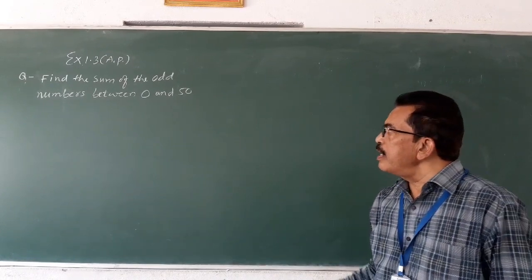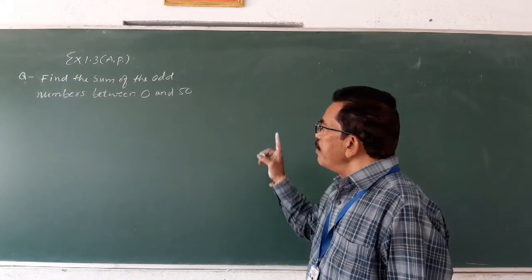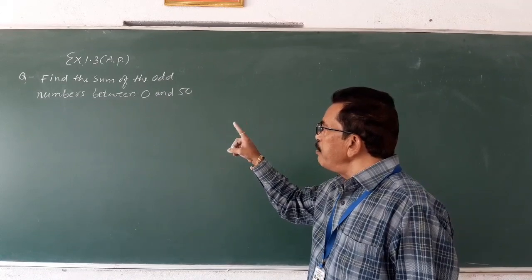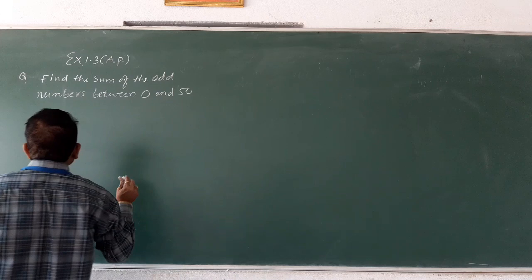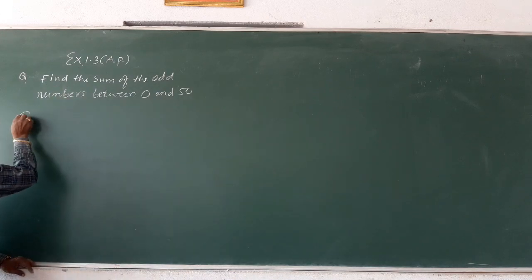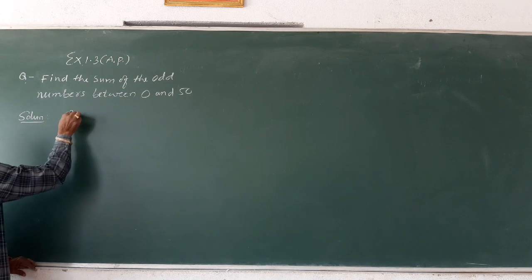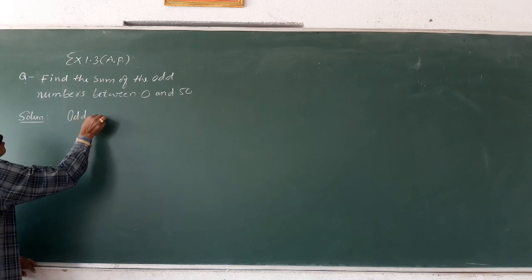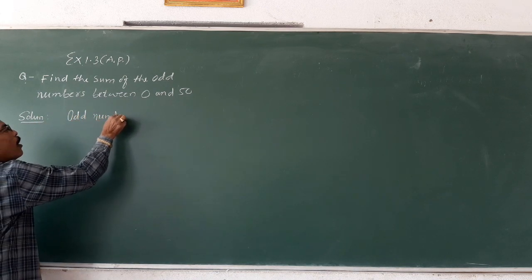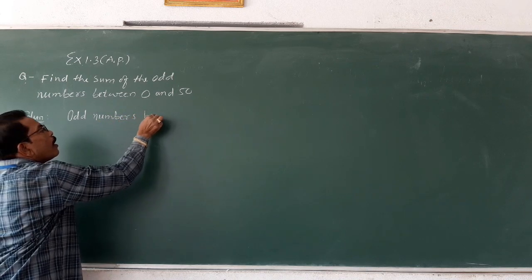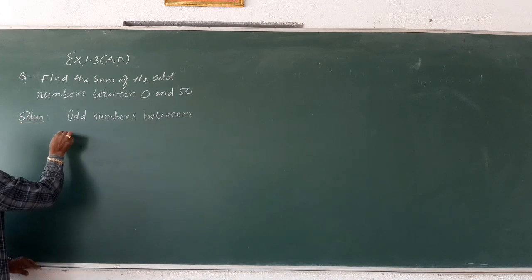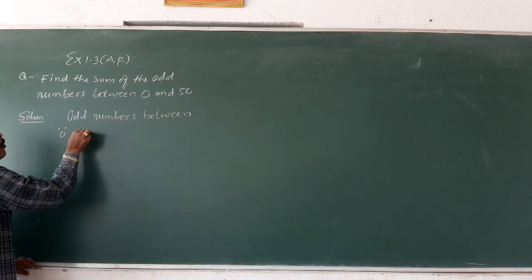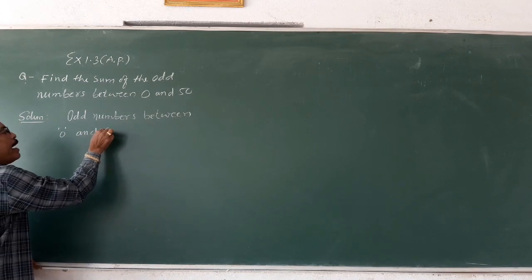Find the sum of the odd numbers between 0 and 50. Sum of odd numbers. Let us find the odd numbers between 0 and 50.